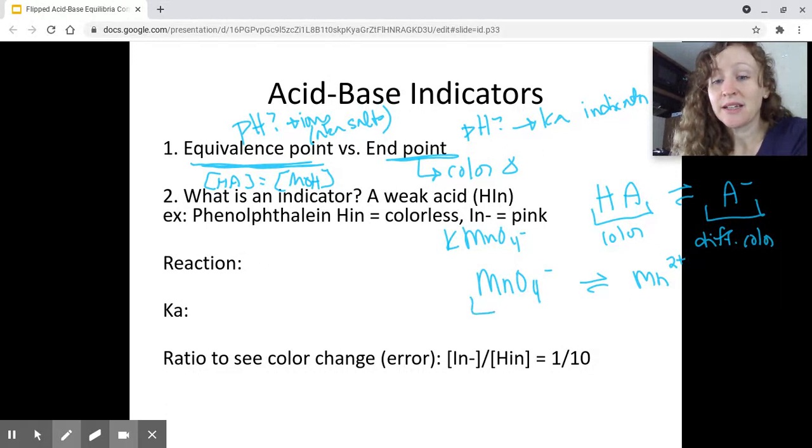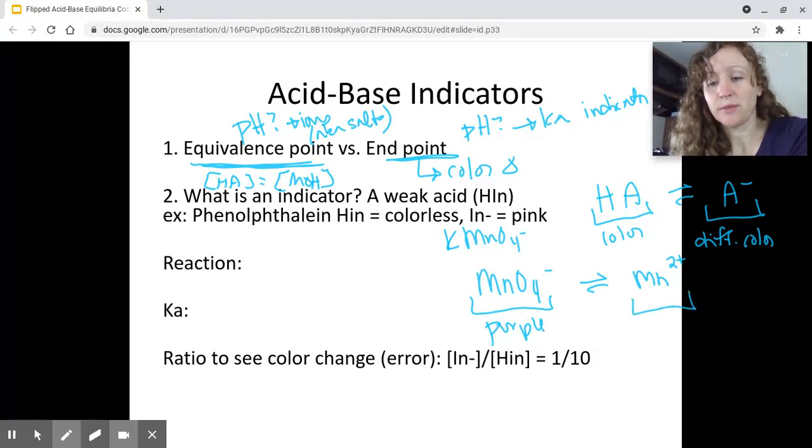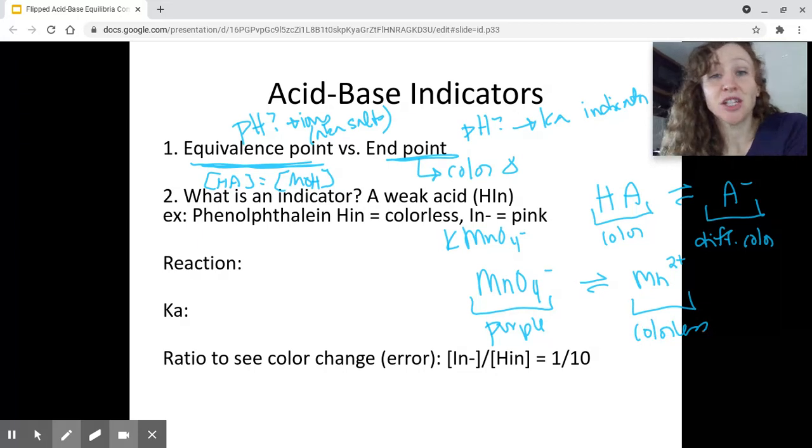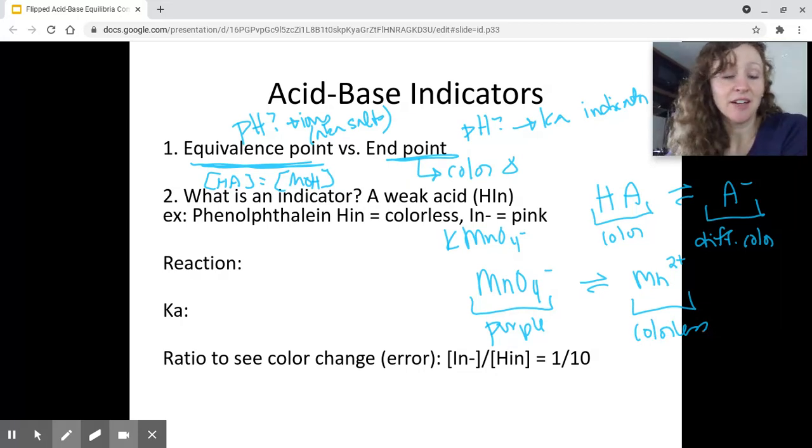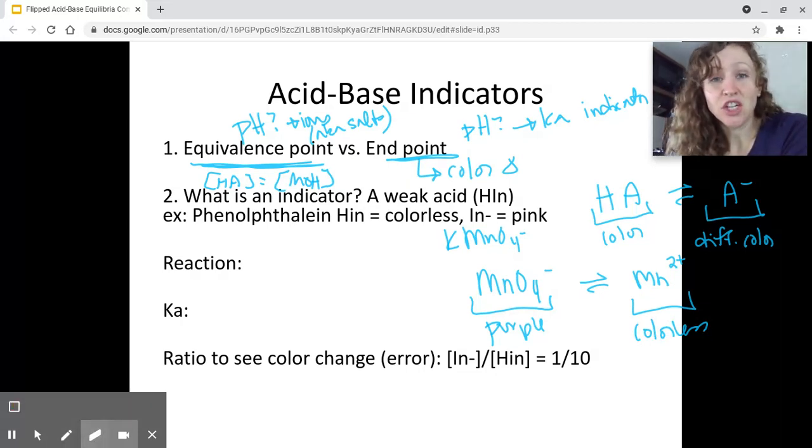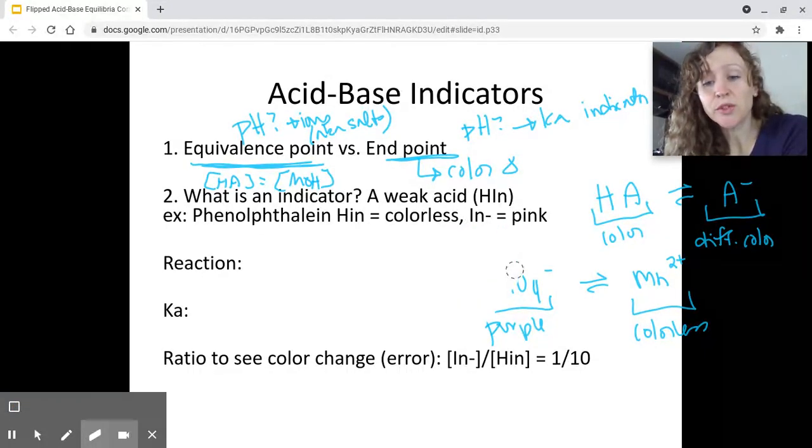And when it's in the permanganate form, it's purple. When it's in the manganese form, it's colorless. So something like that can actually be its own indicator because it actually changes color, but most molecules don't change color.